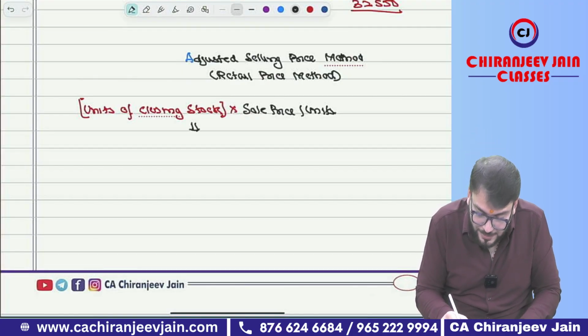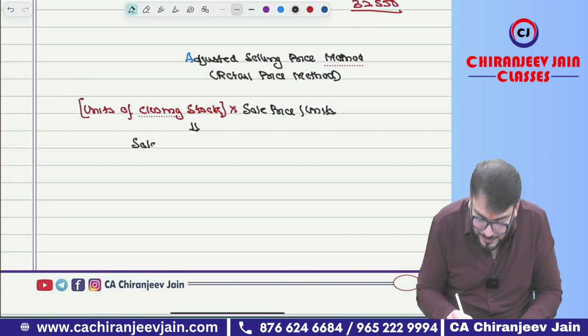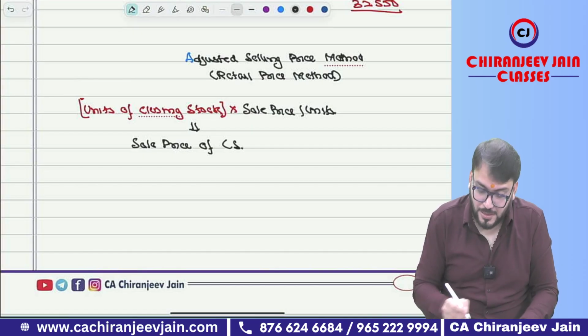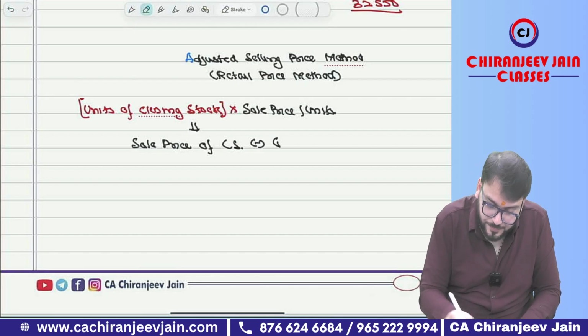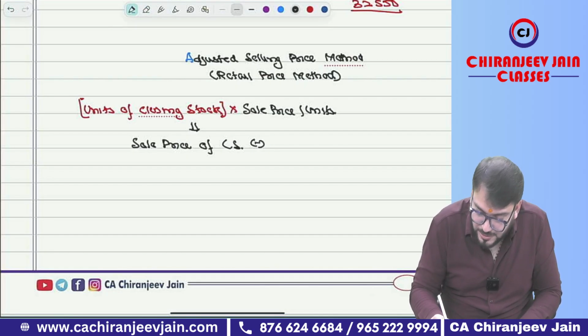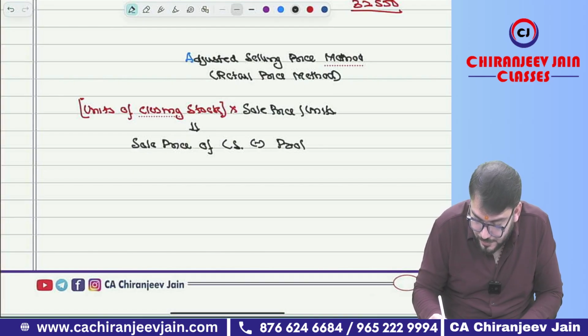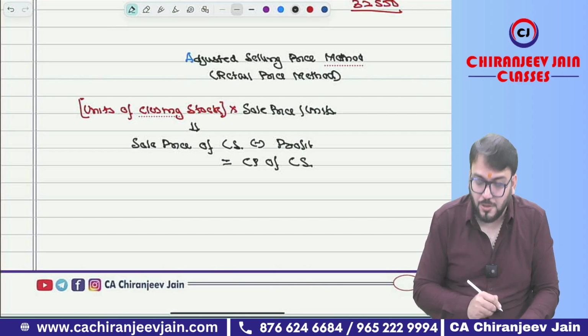So you'll get the sale price of closing stock. Correct. From this, if you deduct profit, then automatically we will get the cost price of closing stock.